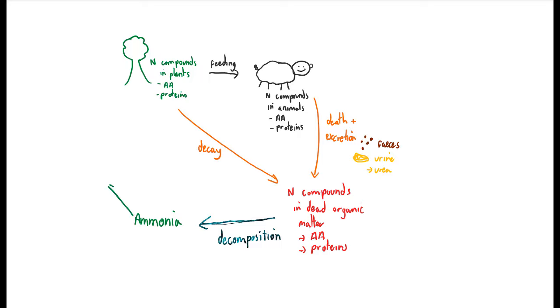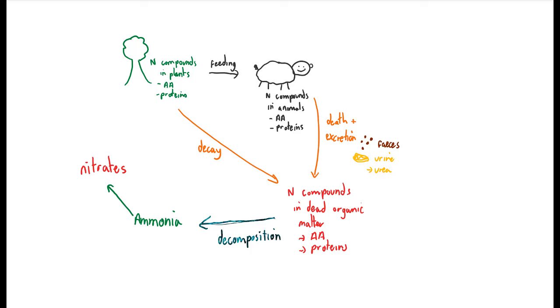This ammonia then gets converted into another type of molecule, which is called nitrates. Now, nitrates are the only molecules that plants can actually use. So if the plants want to use nitrogen, they have to get it in the form of nitrates.